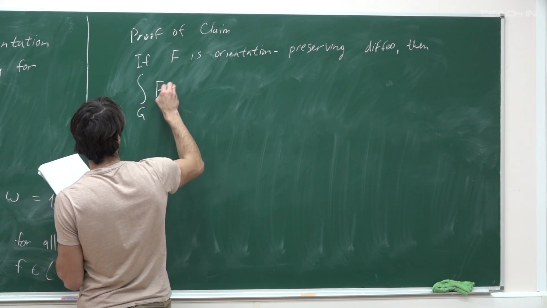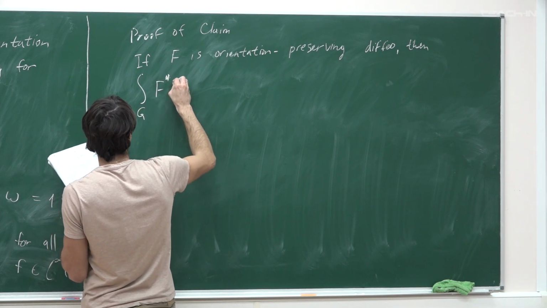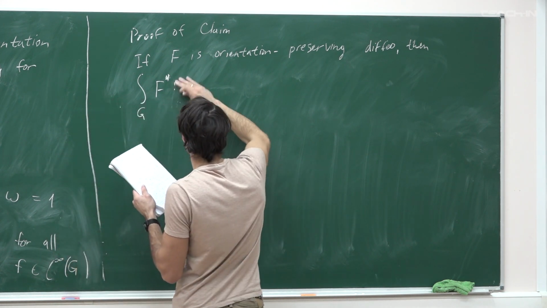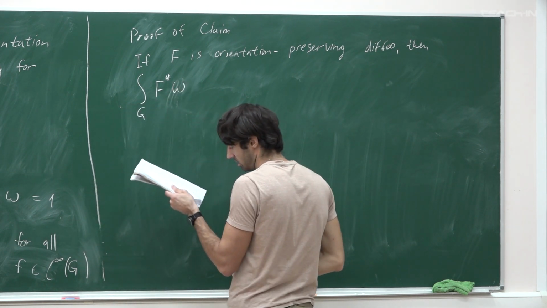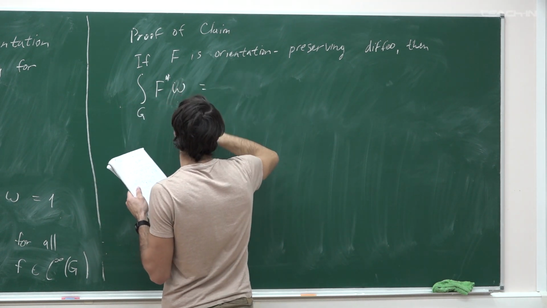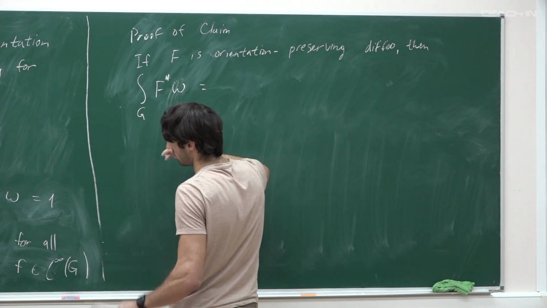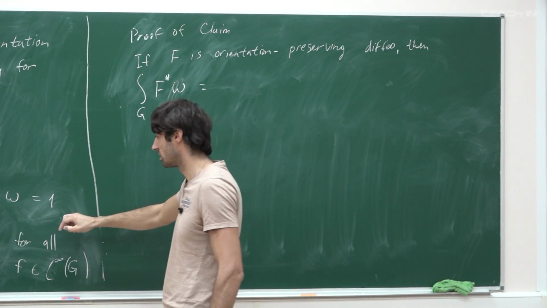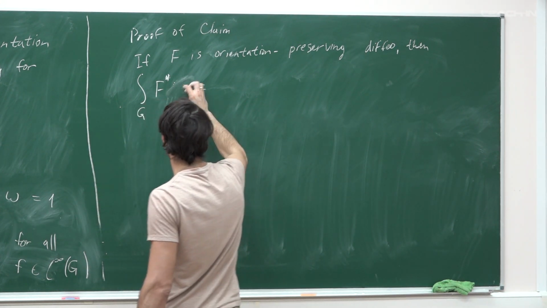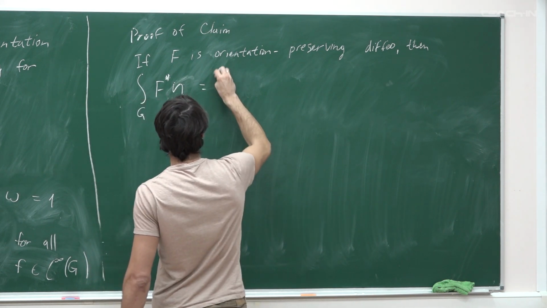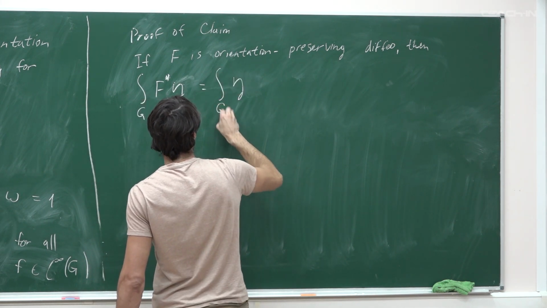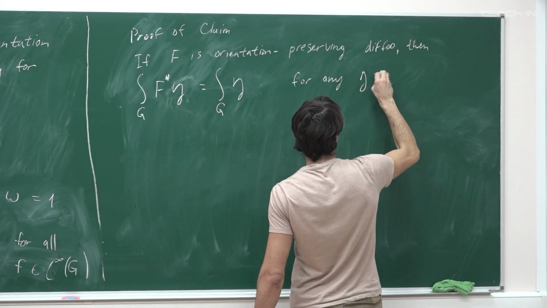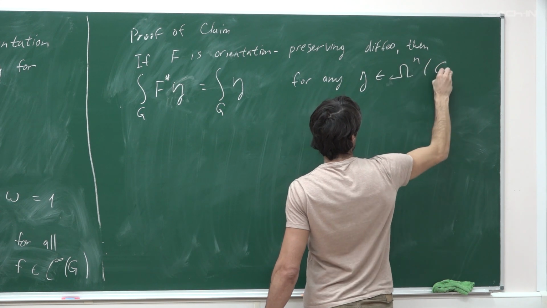If I integrate over this form, let me just put omega here, it doesn't depend on which particular form I put in here. Let me have some eta, for any eta in omega and g.